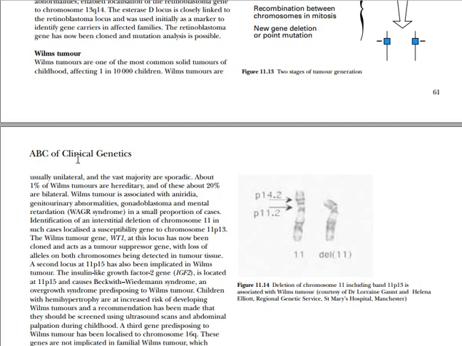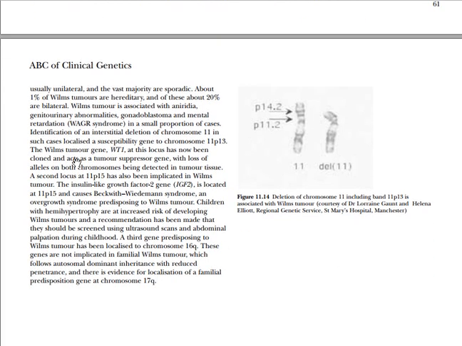It can be from other causes like congenital malformations, maternal drug abuse and all that, not having any clinical genetic pattern of probability. So 99% of Wilms tumor is sporadic, but 1% is hereditary and usually bilateral. When it's sporadic, it is unilateral.